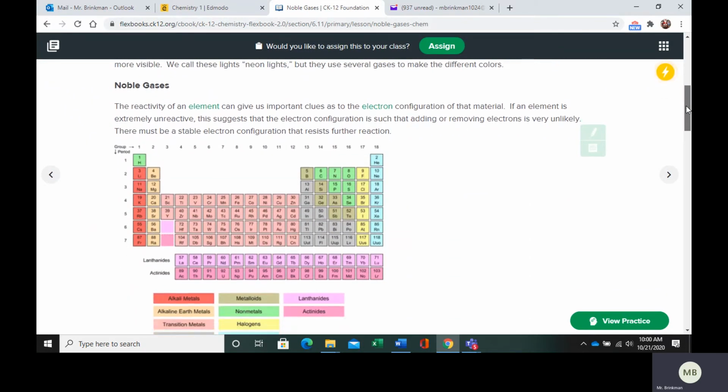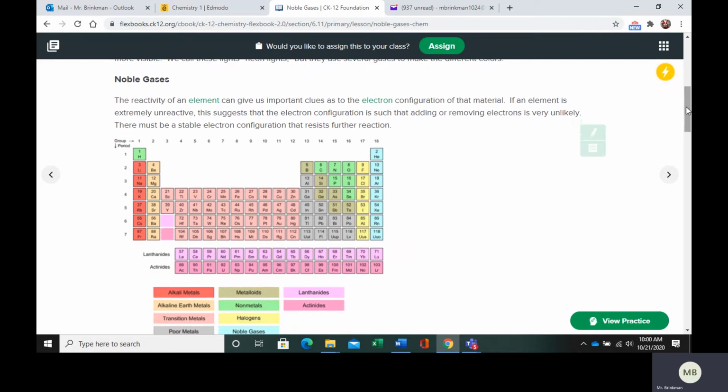So noble gases, they are column number 8 on the periodic table. For the most part, they are very unreactive, okay? So what this tells us is that there is a stable electron configuration that resists further reaction.